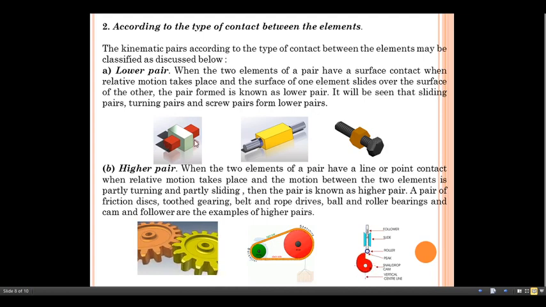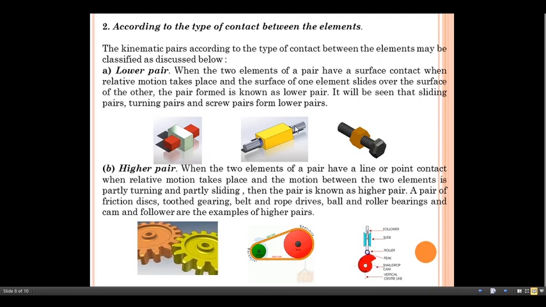Now just see this example. When the two elements of a pair, first element is here, second element is here, have a surface contact, now see the contact between this square bar and square hole. This is the surface contact. When the relative motion takes place and the surface of one element slides over the surface of the other, the pair is known as a lower pair.